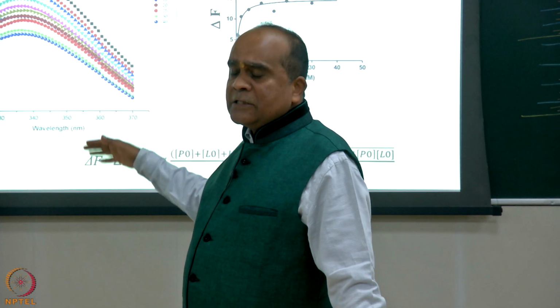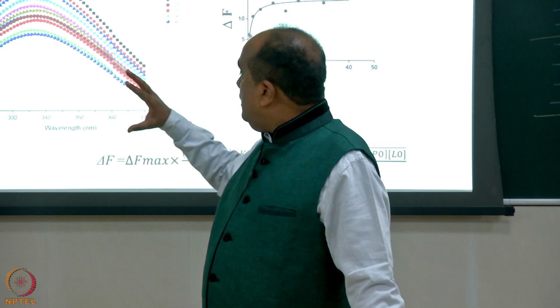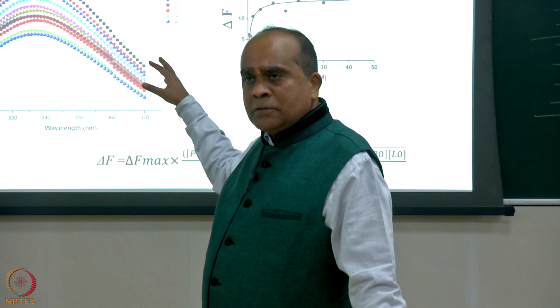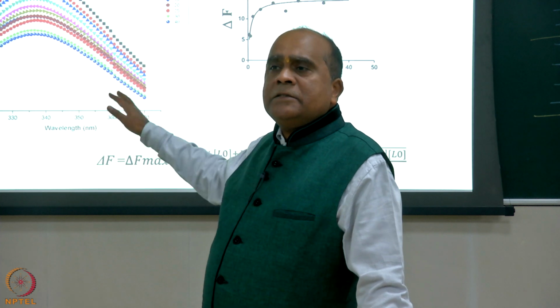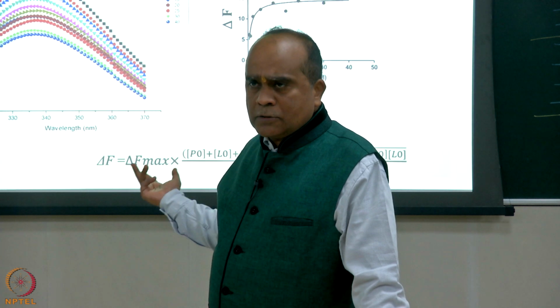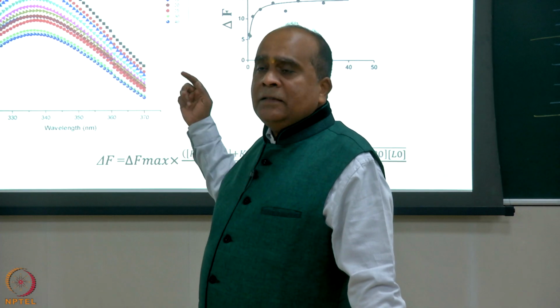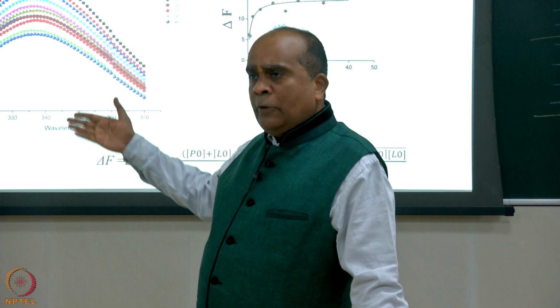So, this spectra says that when this drug binds, and the fluorescence is mostly coming from, say, tryptophan, looking at the emission maxima, let us say that it is changing the conformation of tubulin and therefore, it is binding. If it does not bind, it does not change.